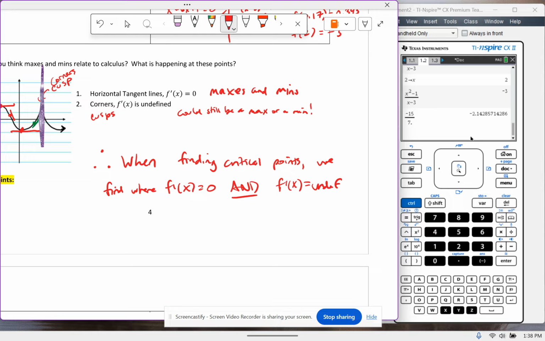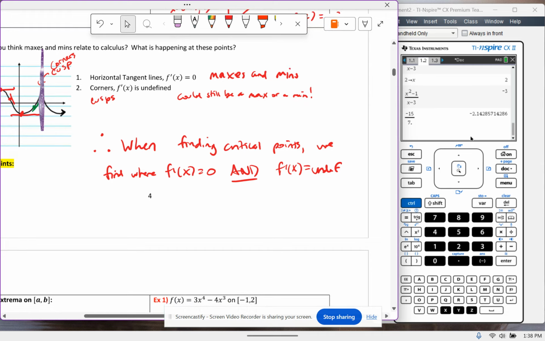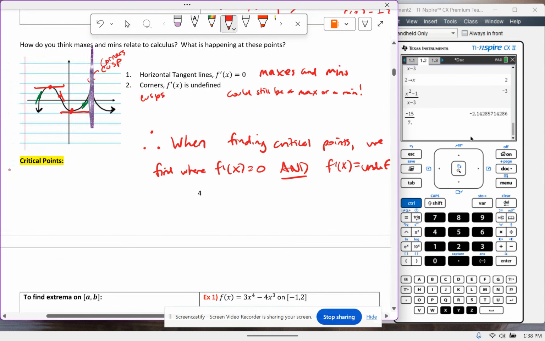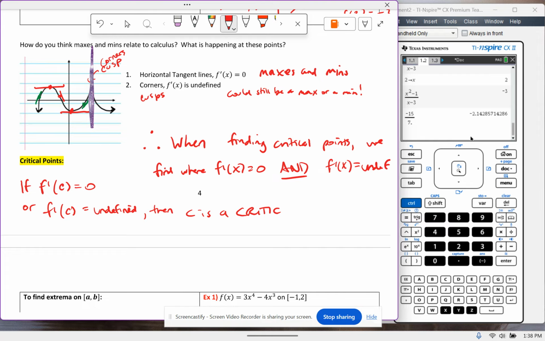That's why we got to do both. So our formal definition over here would be: if f prime of c, meaning c is an x value along the graph, is equal to 0, or f prime of c is undefined, then c is a critical point.